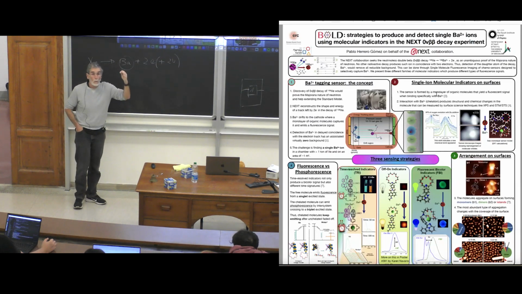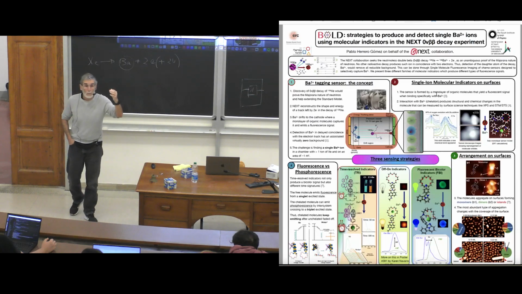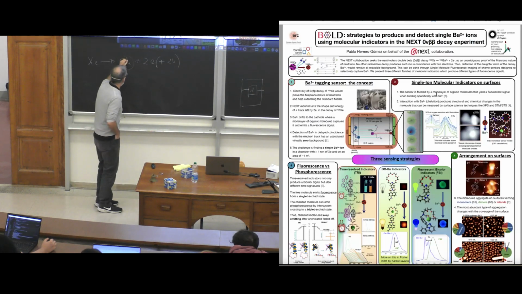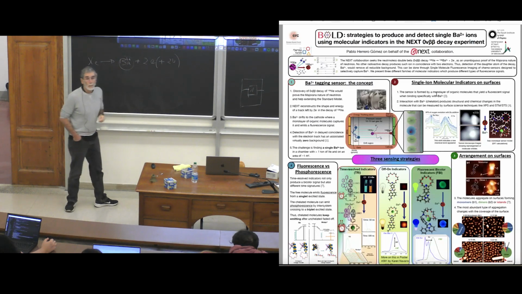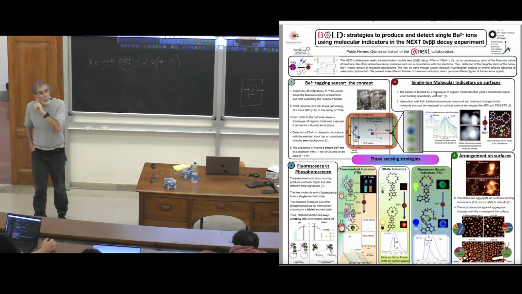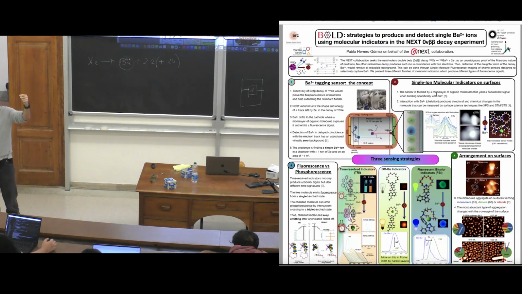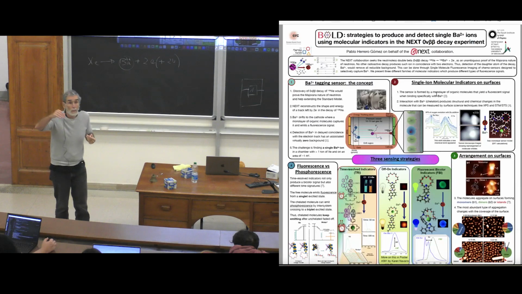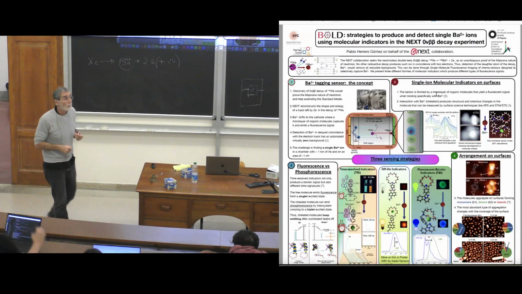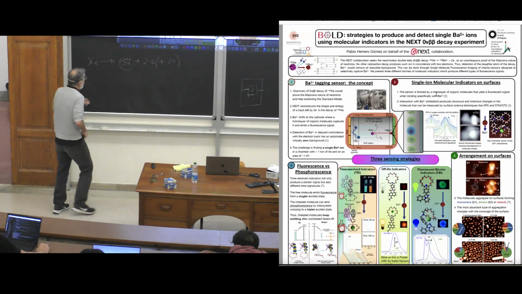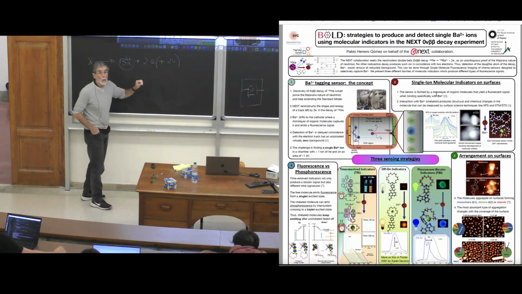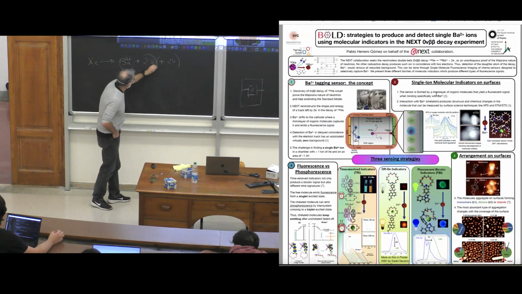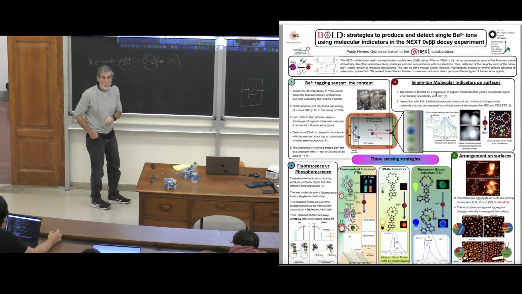It has two extra charges, so it will immediately transform itself into a Ba++. Why? Because you're going from xenon to barium, you're dropping two charges, and then there are two extra electrons, which it will kick out. So what we are doing in NEXT, or in EXO, is to look at these two electrons, remember.